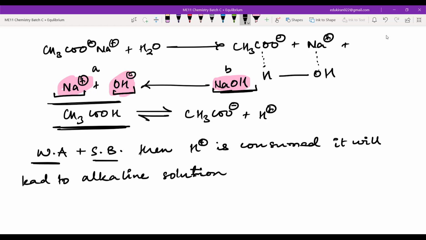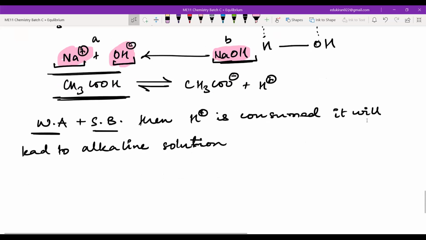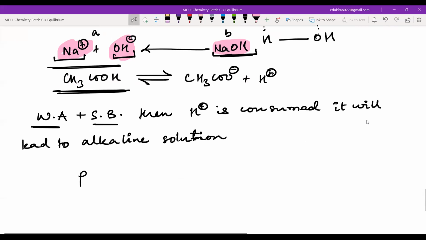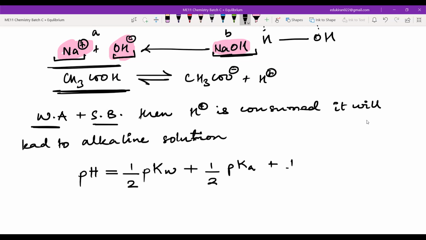Now, just to give you the formula, and we are not going to do any derivation of the formula. You can write this: the pH of a salt of weak acid and strong base is half of pKw plus half of the pKa of the acid, plus half of the log of the concentration.